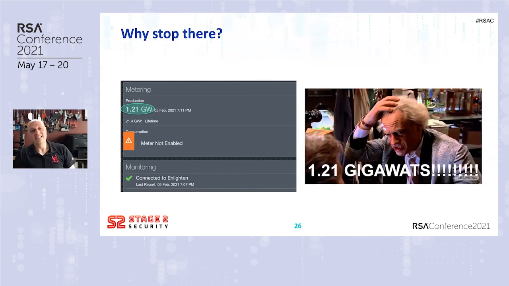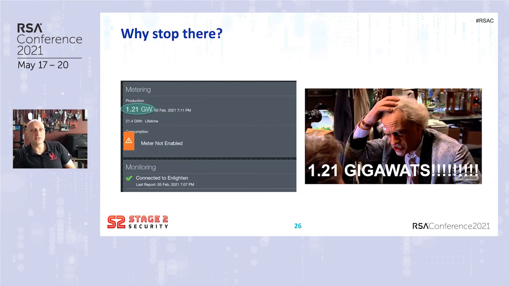121 gigawatts. Now, I never signed up with my account for the solar energy credits, so I didn't actually get any credits, but the system happily reported how much I was generating. And I would like to hope that they have some safeguards in place to notice the anomaly of somebody's home solar panel system generating 1.21 gigawatts and shut it down, or at least not cut me that many credits that I could then go trade to some vendor for lots of money.